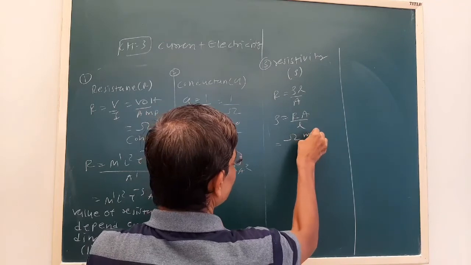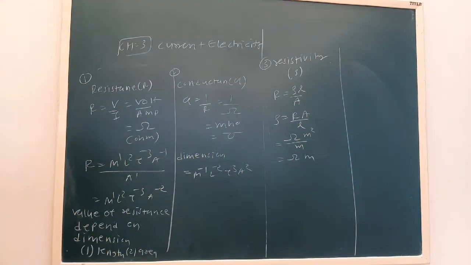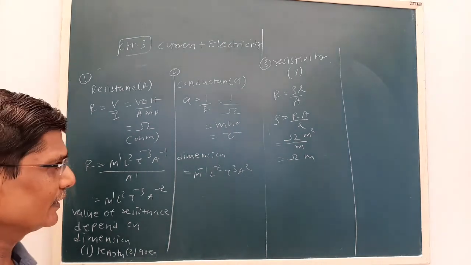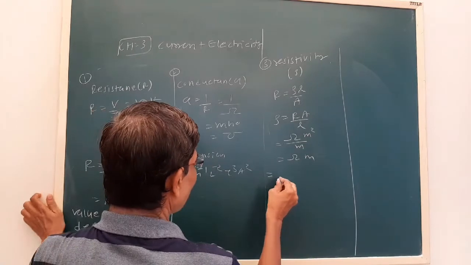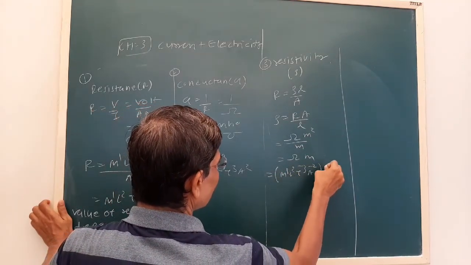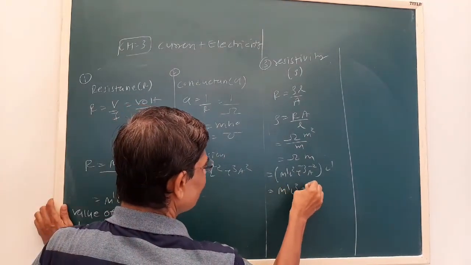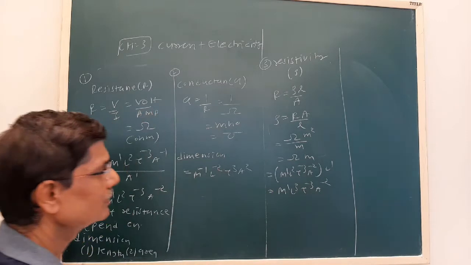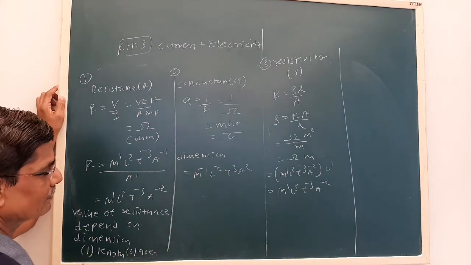Resistance is ohm, area is in meter square upon meter. So the unit of resistivity, or it is also called the specific resistance, is ohm into meter. Now the dimension part, M1 L2 T minus 3 A minus 2, meter is L1, so we can write M1 L3 T minus 3.